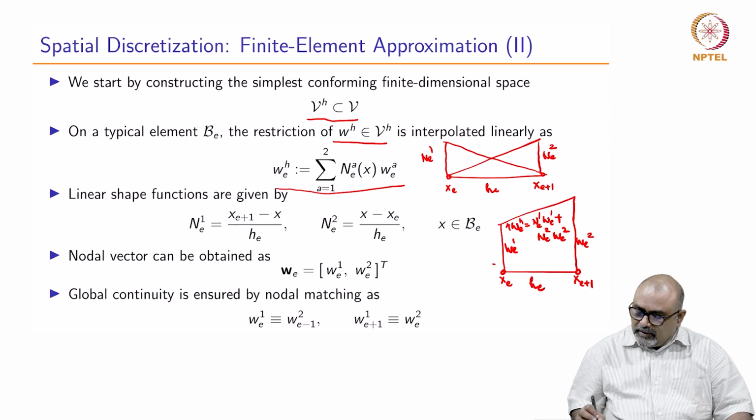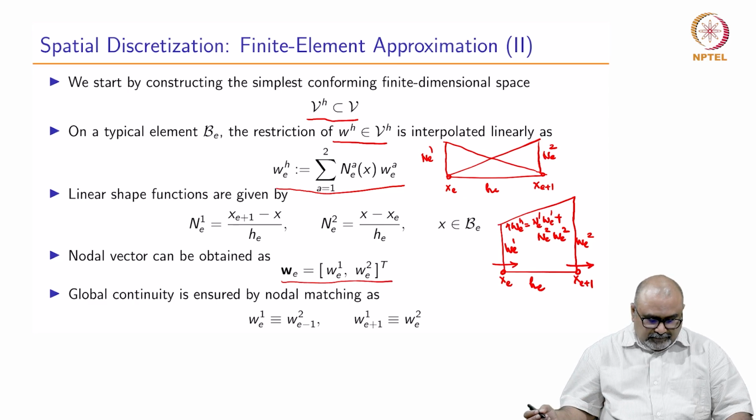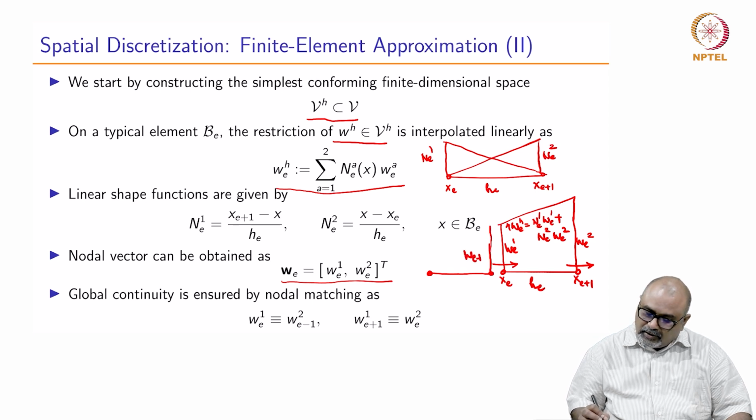So, WE1 and WE2 are the two nodal degrees of freedom, and global continuity is ensured by node matching. Essentially, if there is another element beside that, we are going to have these two values. If I call this WE minus 1 2, then the value at Xe is going to be the same.